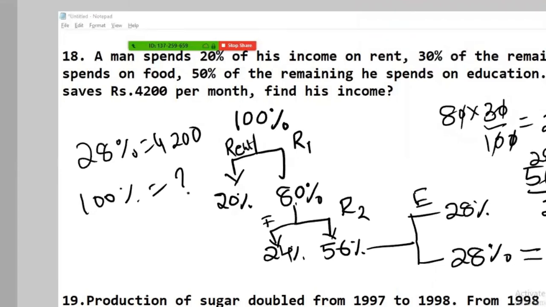If you calculate that, you will get your answer as 15,000. So the answer for this question is 15,000.